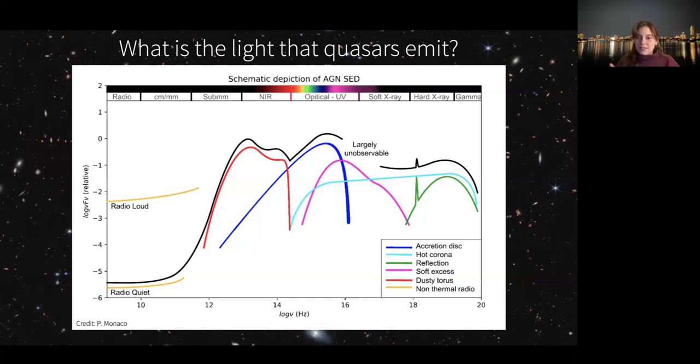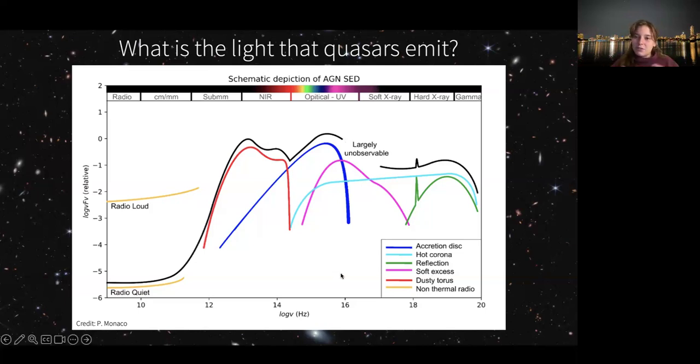We think the primary mechanism for this emission is thermal emission. The black hole creates a very strong gravitational pull, so the plasma moves very fast, and viscous forces heat up the plasma to a very high temperature, which then emits radiation thermally.